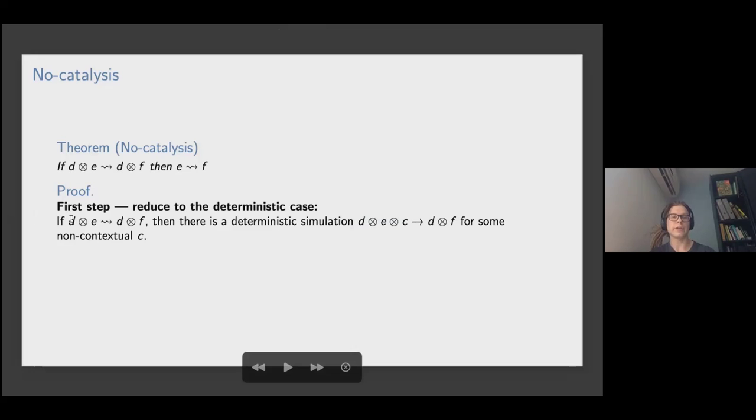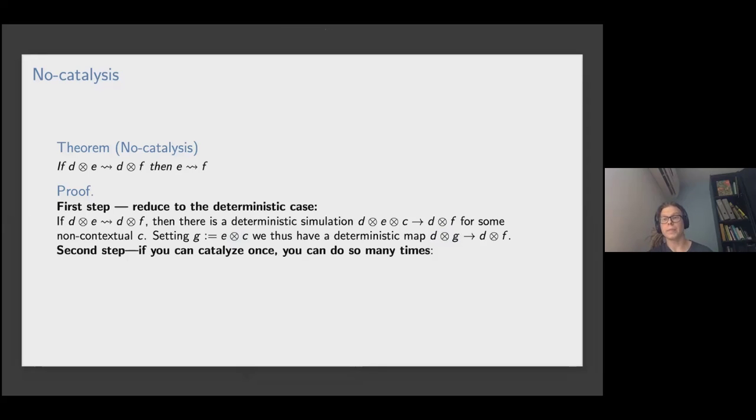But anyway, if there is a simulation from D to E to D times F, then there's a simulation that's deterministic, where we use some classical randomness C as giving us the classical randomness. And now if we combine the classical randomness into this model E, then we have our ordinary deterministic simulation still from the MP of this thing to D times F.